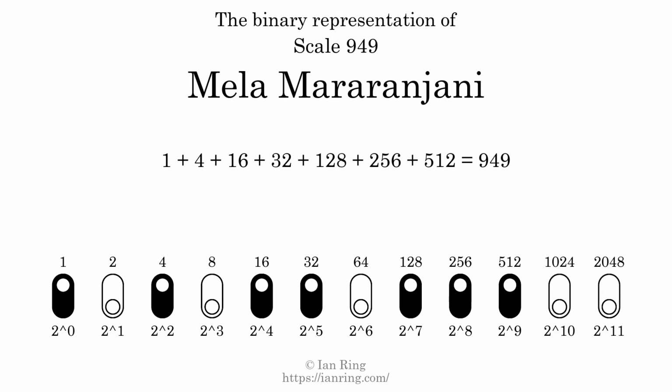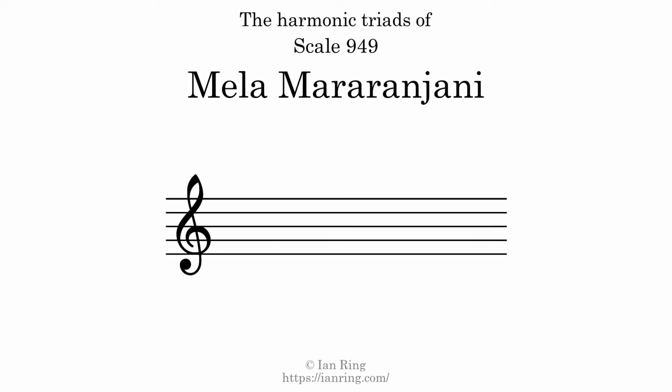That is why the scale number, in decimal, is 949. The scale number not only enumerates the scale with a unique index, but it also literally describes the tonal content of the scale. Represented as a binary number in base 2, the scale number is 001110110101.